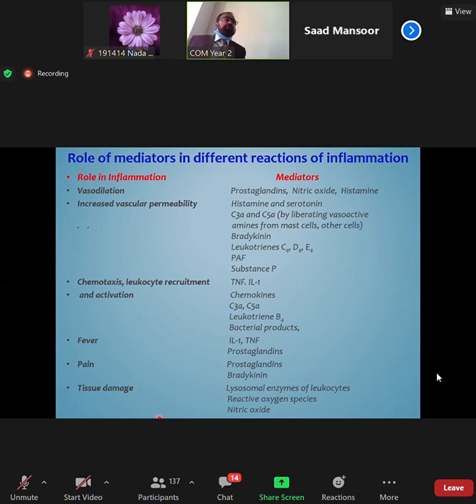And if you go back in my lecture, if something is missing here, write it by yourself. Make a chart and then memorize, ask each other: what are the vasodilators, what are the chemical mediators which increase permeability, what are the chemotaxis ones, what produce fever, what produce pain. By asking each other, you will memorize. And it is really important.